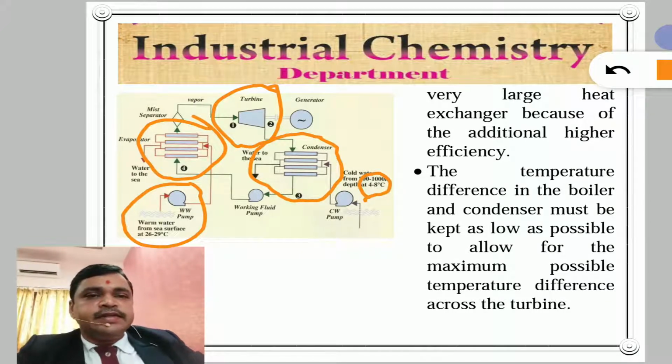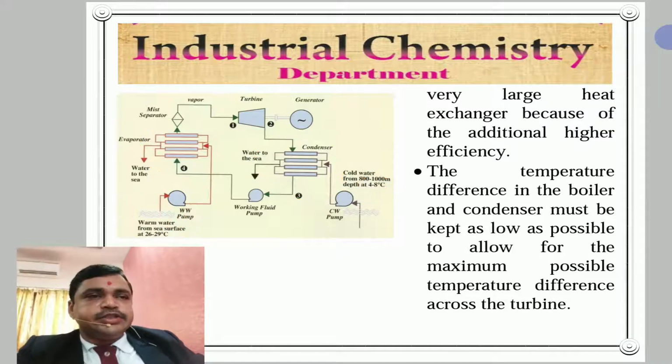Here we noted surface water is 26 to 29 degrees Celsius, and at 800 to 1000 meters depth, the water temperature is 4 to 8 degrees Celsius. So this type of water we use in a closed cycle system.